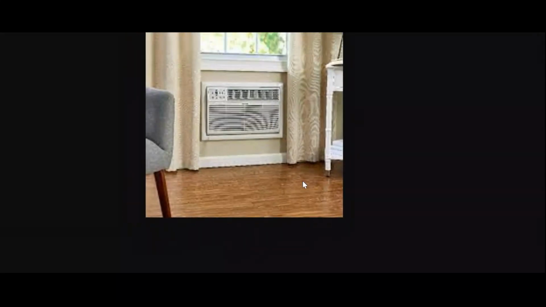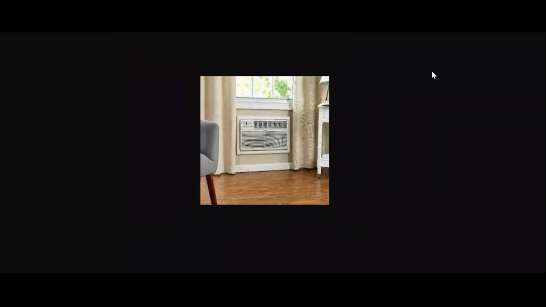Basically, we install window AC like this in the windows. Okay, this is not the right image. I'll show you like this.